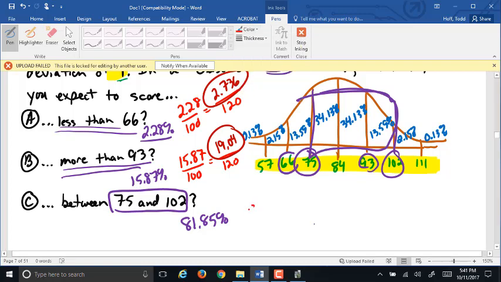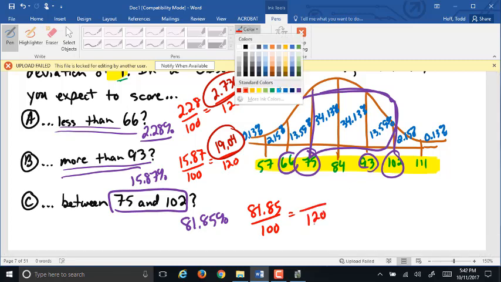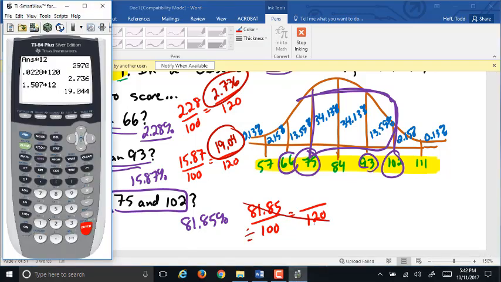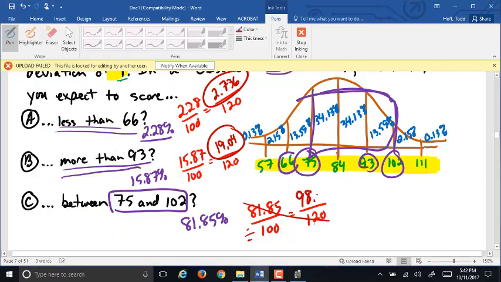So we have 81.85% is 81.85 over 100 equals blank over 120. And we cross multiply and divide. 81.85 times 120 divided by 100 is 98.22. So approximately 98.